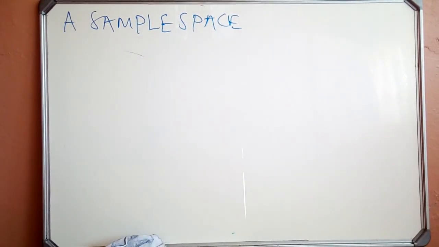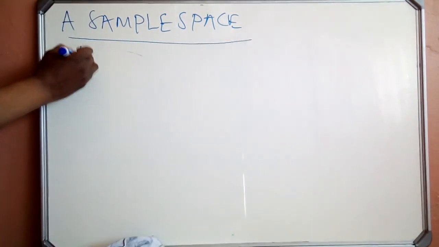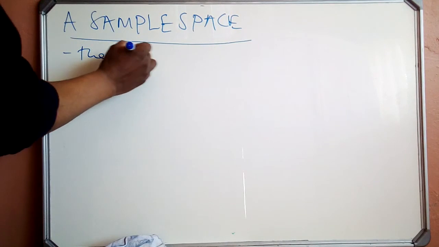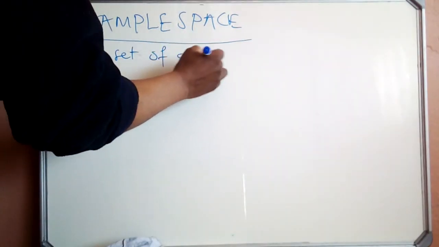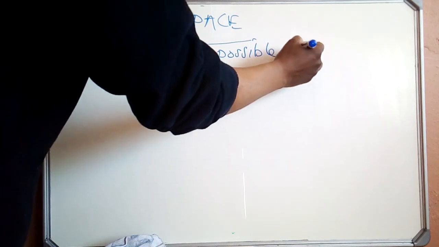When we are looking at a sample space, we're looking at the set of all possible outcomes. The sample space is the set of all possible outcomes.